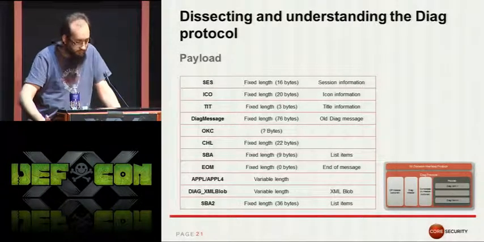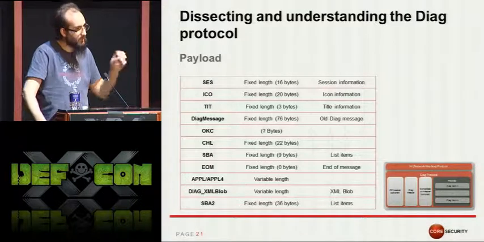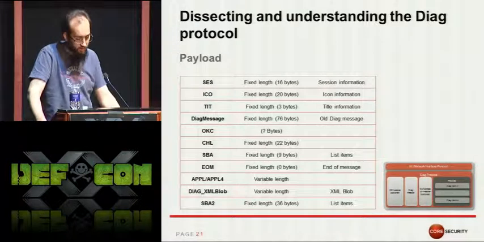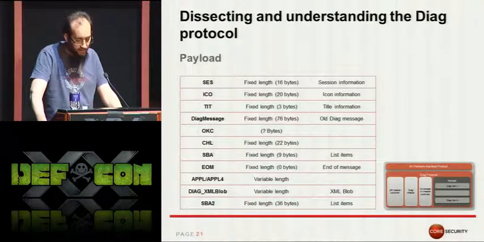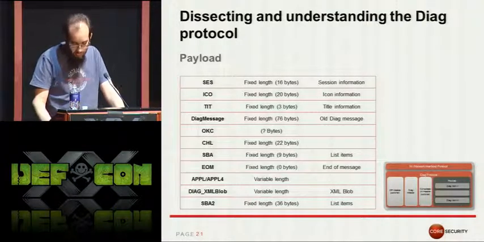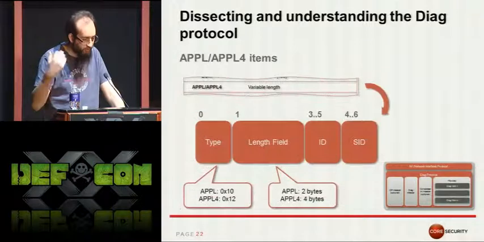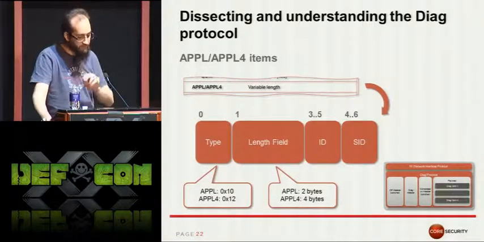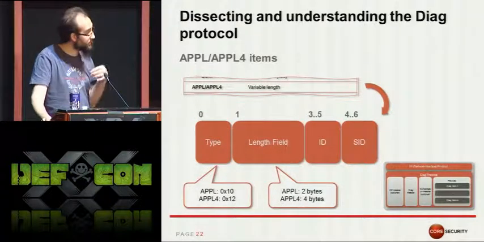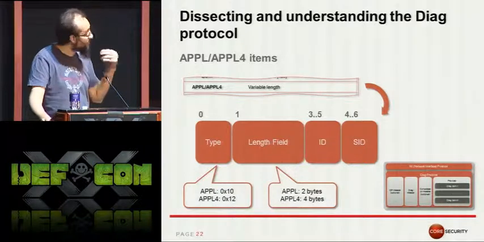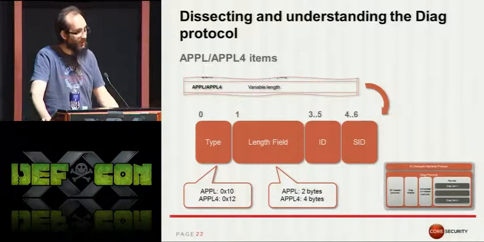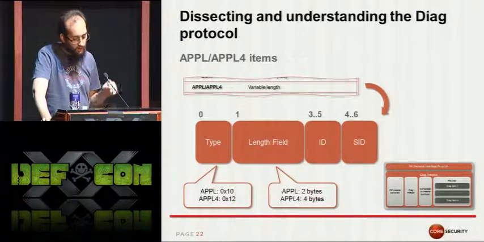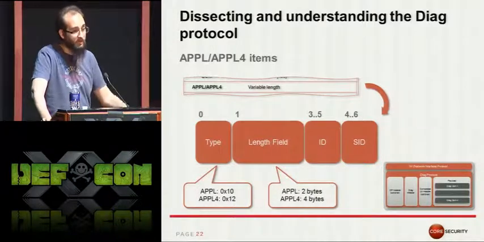Some of them carry information about the screen, about the connection, XML streams, and so on. We will be focusing on one of these items, which is the APPL or APPL4 item, which carries the most relevant information. Each one of these items also has its own header.